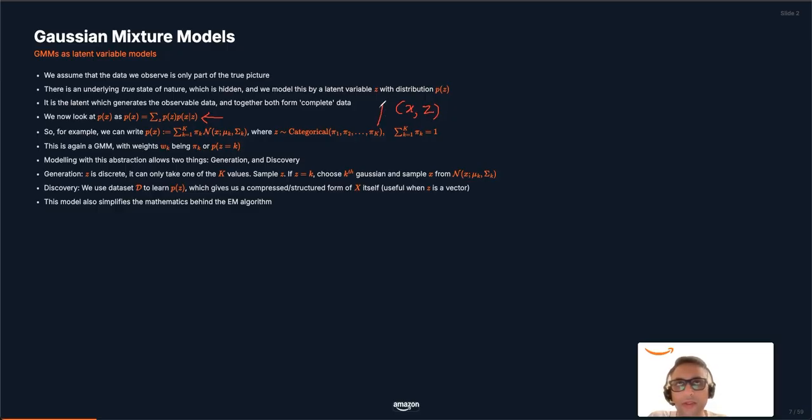Then P of x comma z is the joint distribution. Now when you marginalize over this P of x comma z, you get P of x. All I'm doing is averaging out the z from it, and this is all I've written in here. This P of x comma z is further broken down into P of z, which we have already, although we don't know about it, but let's see.